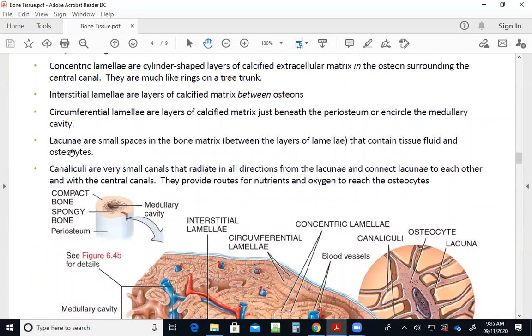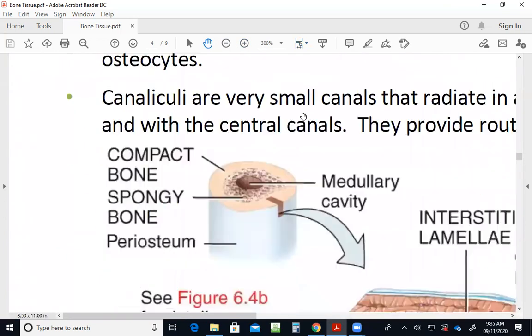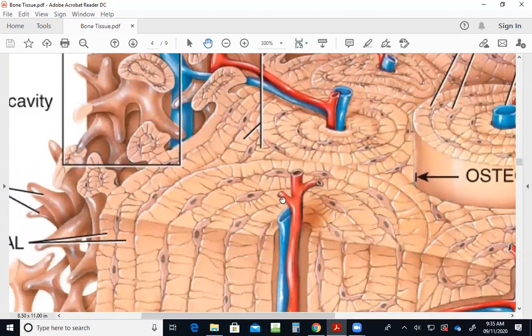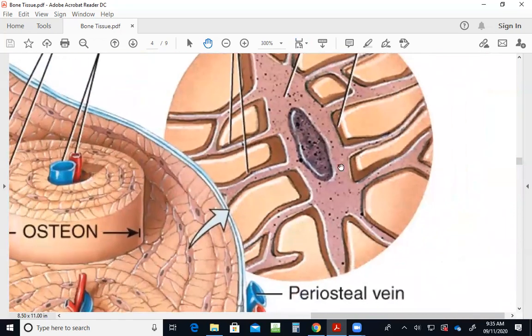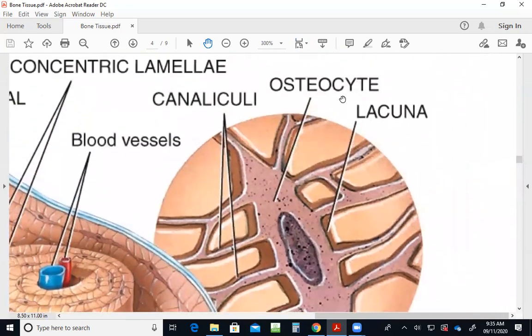Let's talk about lacunae, a fun word to say. We said each one of these little things that kind of looks like a bug is an osteocyte. We're going to zoom in on one right here. You can see there's the osteocyte. Remember, this is like the cell that gets trapped in the concrete that's dried up and become really strong.